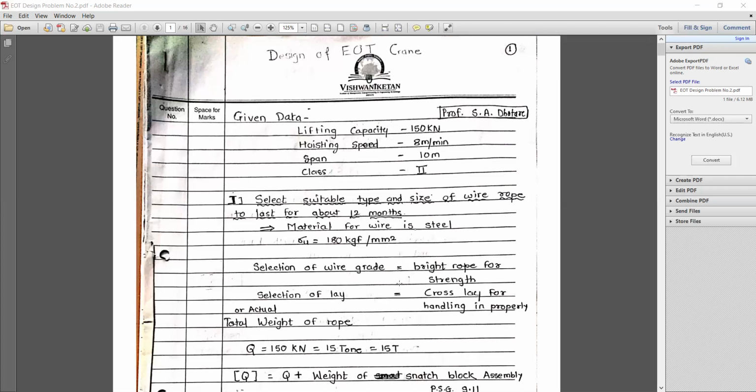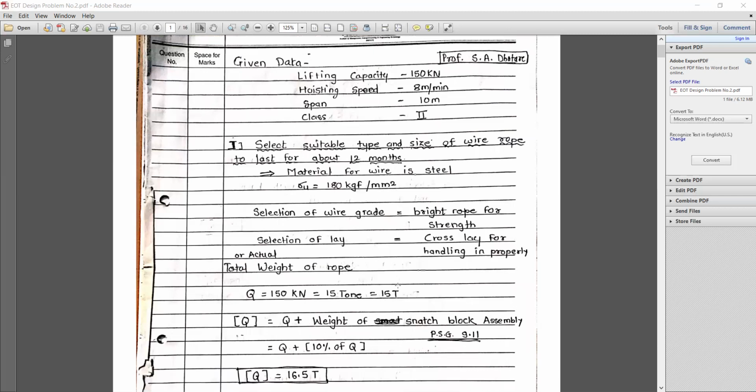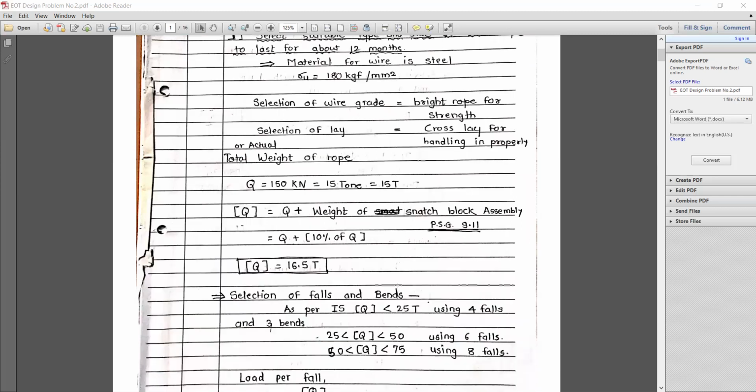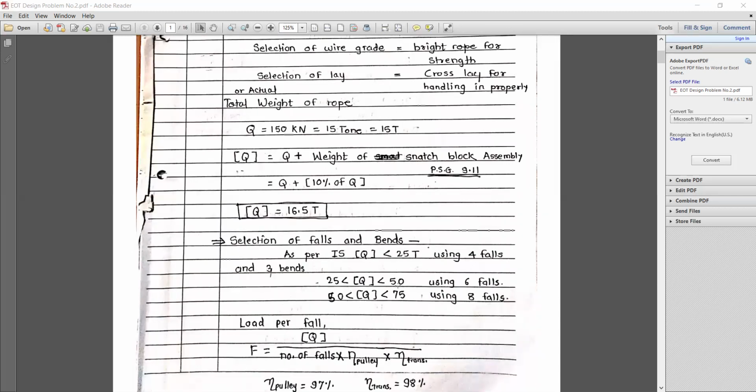So the total load on the rope is 50 kilonewton, that is 15 ton. Now the design load, shown in square bracket Q, is equal to Q plus the weight of the snatch block assembly.